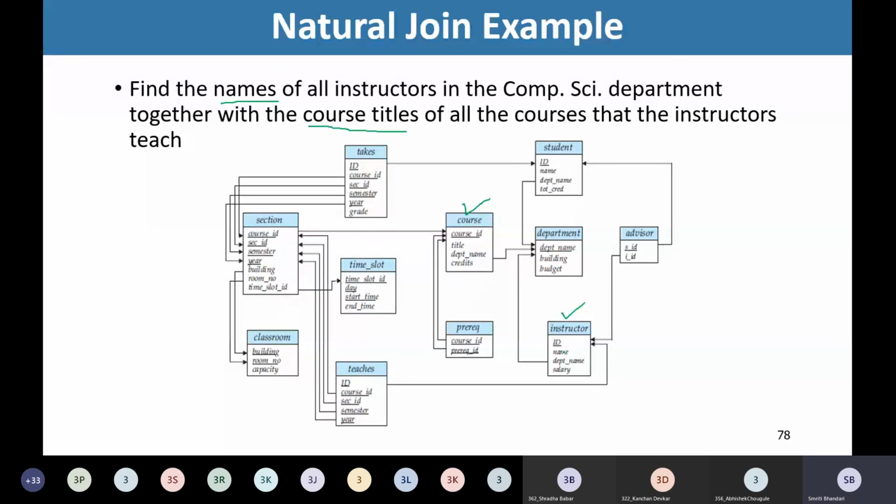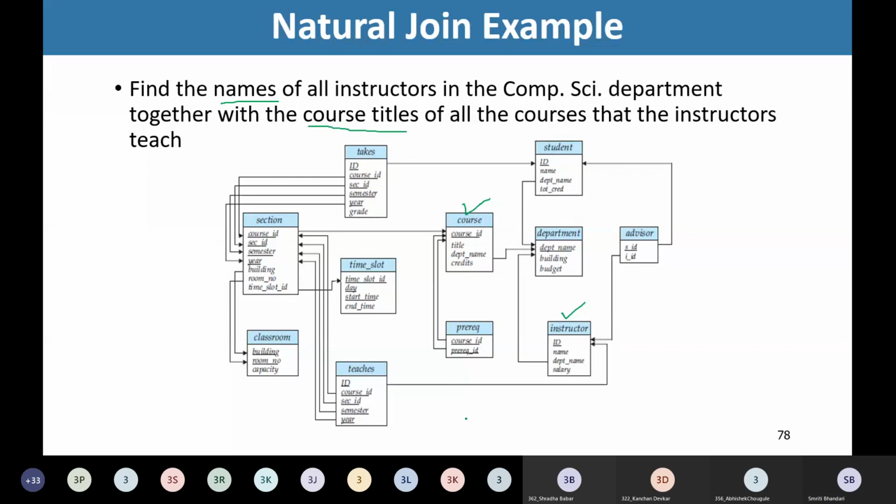And we want to list out the name of the instructor along with the title of the course that this instructor has taught. The courses taught by the instructor, this information is available in which table? Instructor along with the courses taught.